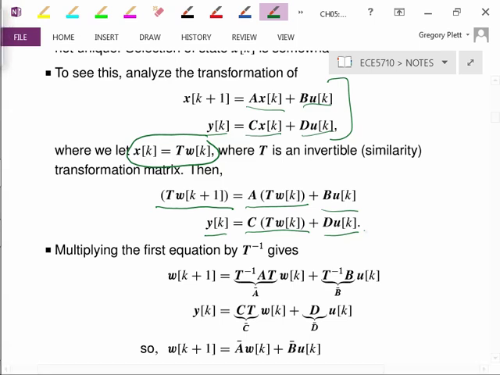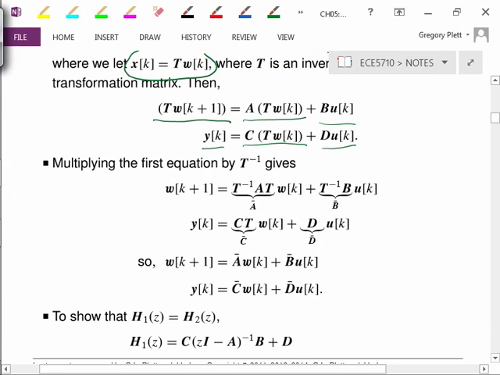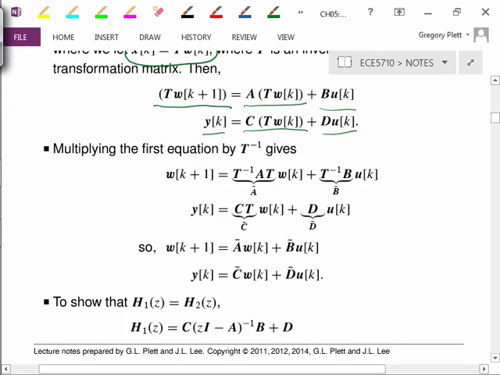I am going to multiply the state equation on both sides by T inverse to isolate w on the left side. We said that we required that T be invertible, so we can do this. So multiplying on the left by T inverse makes that identity. Multiplying on the left by T inverse makes that T inverse A T. Multiplying by T inverse makes this T inverse B.